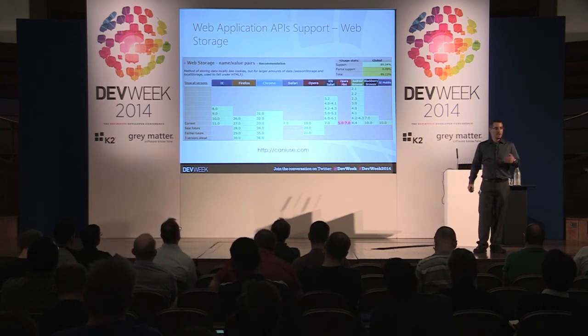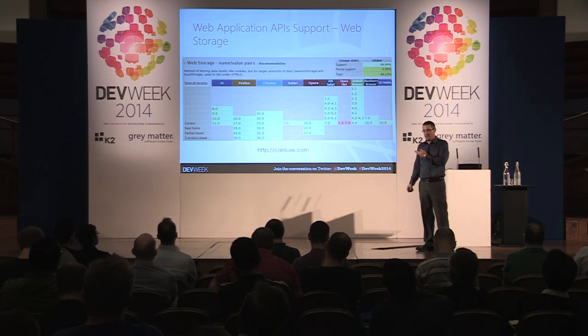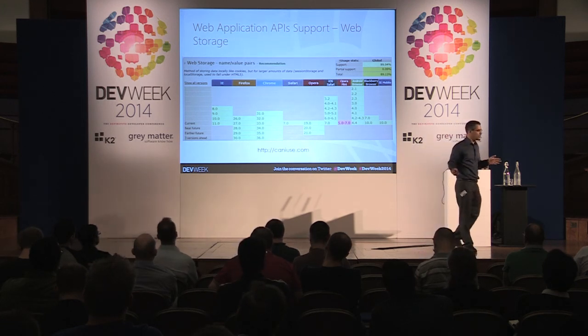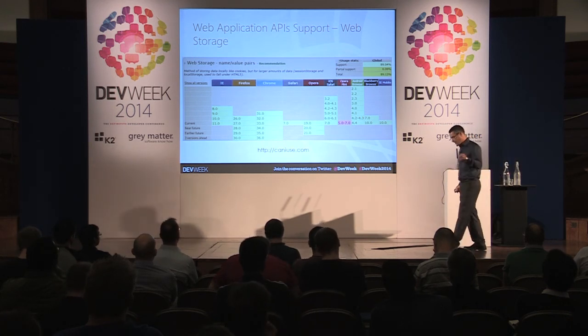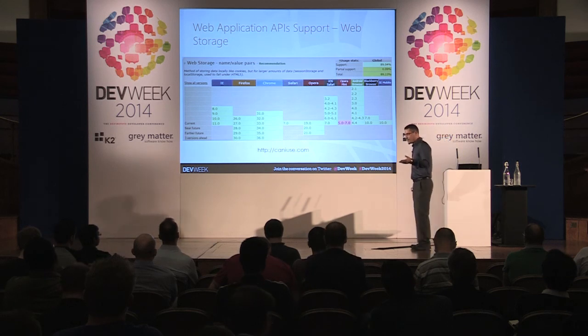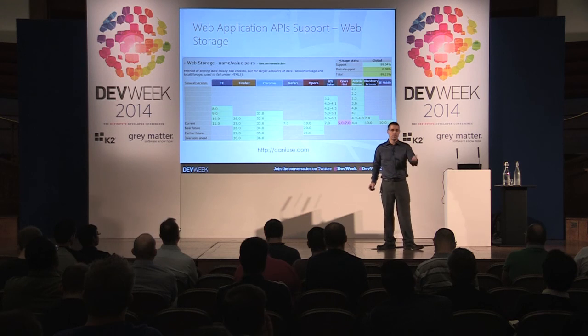Okay, so you can see that web storage, except Opera, is supported by all of the mobile browsers from early versions. So if you have a website that uses storage in the client side, you can gain a lot, because mobile phones is something like 40 to 50% of internet use in this year, and probably it will rise.